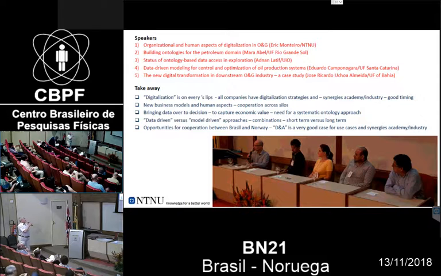Building ontologies for the petroleum domain by Mara Abel from Federal University Rio Grande do Sul. She's in the middle. And status of ontology-based data access in exploration by Adnan Latif, the University of Oslo, the second from right. And then finally, the new digital transformation in downstream oil and gas industry, a case study by José Ricardo from Federal University of Bahia, to the right there.